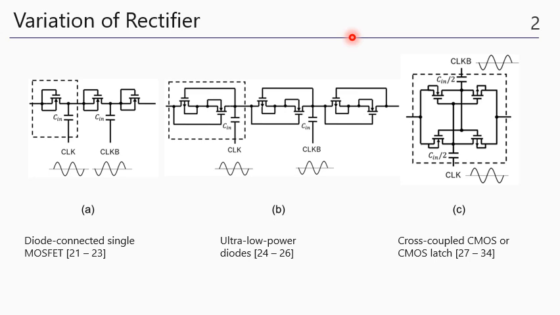In the previous slide I showed a diode. However, the actual diode is used in different configurations like this. The first one is the diode-connected single MOSFET. The second is called an ultra low power diode, with NMOS and PMOS connected in series like this.